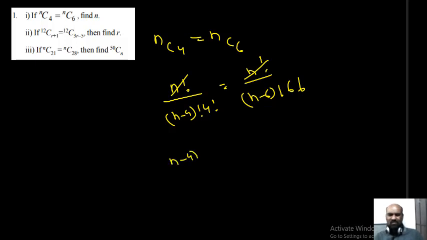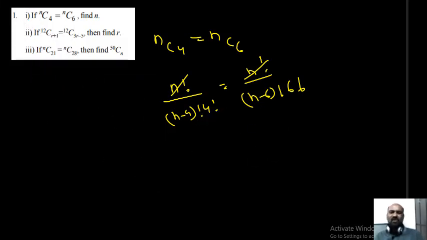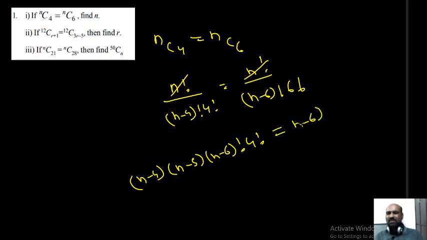(n minus 4) factorial into 4 factorial equals (n minus 6) into (n minus 7) factorial, but I want to rewrite this. (n minus 4) factorial can be written as (n minus 4) into (n minus 5) factorial, or (n minus 5) into (n minus 6) factorial, into 4 factorial, equal to (n minus 6) factorial into 6 into 5 into 4 factorial.